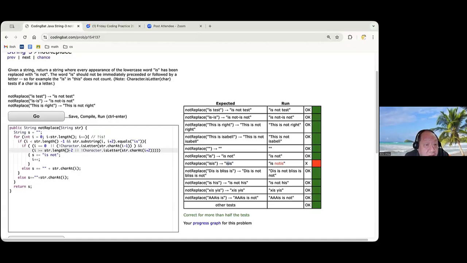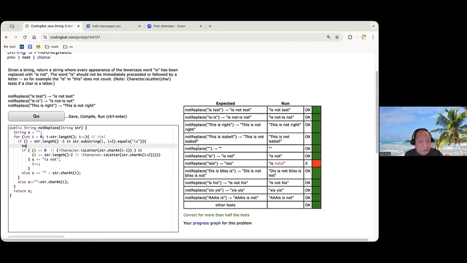So the is okay, but this one probably, okay, I equals 0. But the right side also needs to be not a letter. The right side still needs to be not a letter. So this if is wrong.